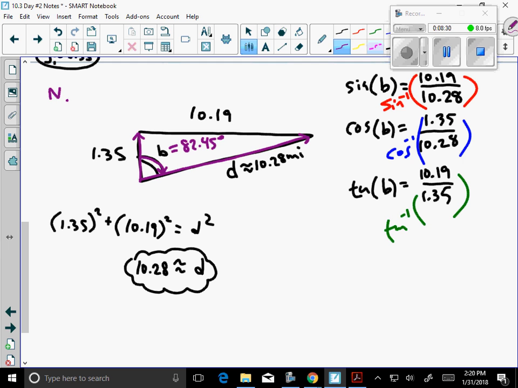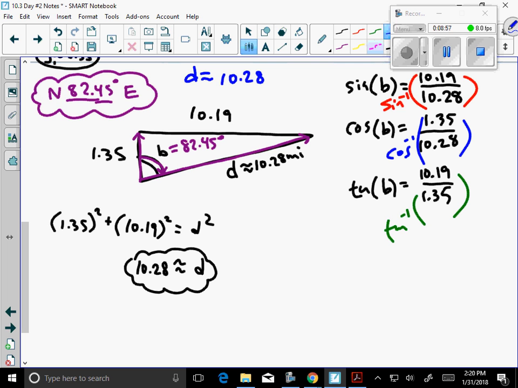Yeah, so our bearing will be north 82.45 degrees east. 82.41? Okay. And it might have been how I rounded on whichever side you had utilized. But relatively speaking, 82.4. Does that work for you? Okay. And then our distance, as we already mentioned, would be approximately 10.28 miles.